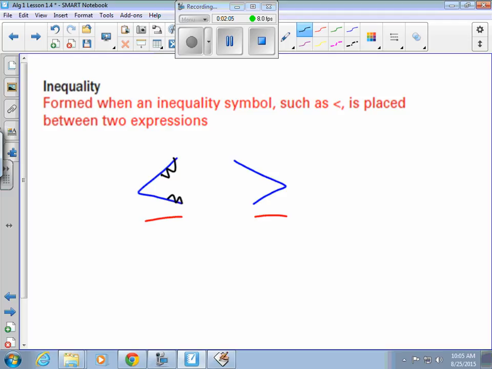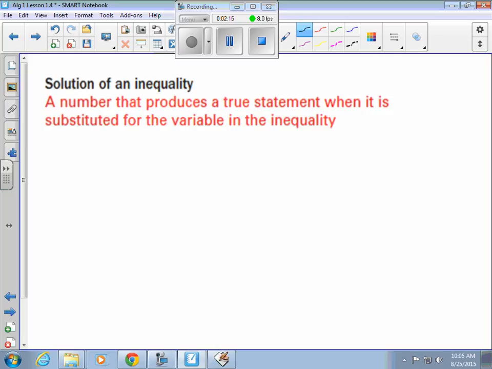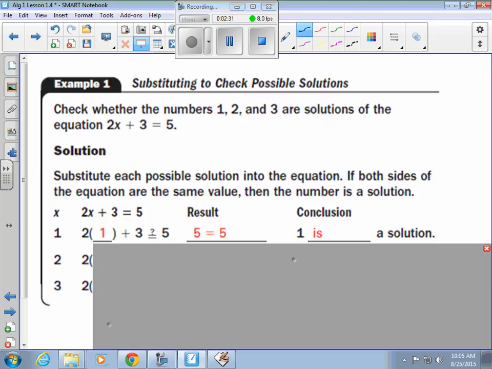The big mouth eats the bigger number. So if you had an inequality symbol like this, the bigger number 3 would be larger than the smaller number 2. A solution of an inequality, just like a solution of an equation, is a number that makes it true. Again, same thing, just like a solution of an equation.